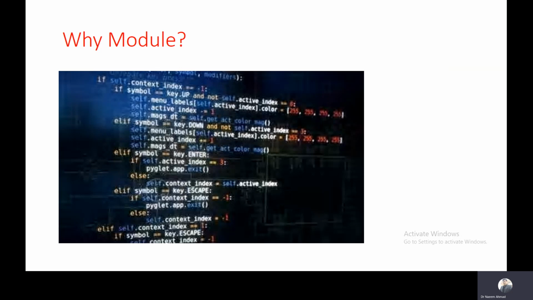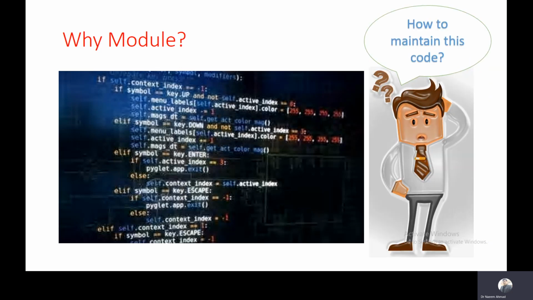So why is a module required? If we have thousands of lines in a program and it becomes a very complex system, we can divide this complete system into smaller subparts or subprograms. So the maintenance will become very easy. That's why we require modules in Python.